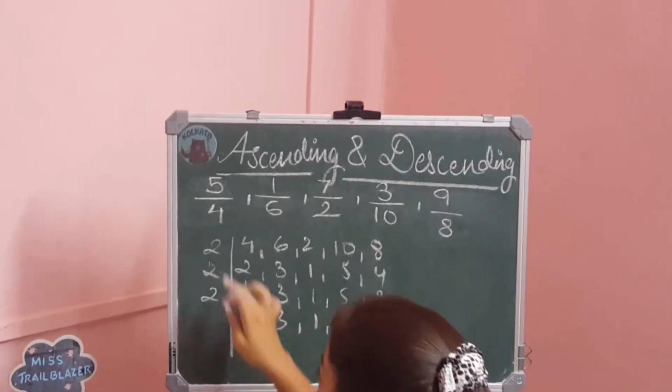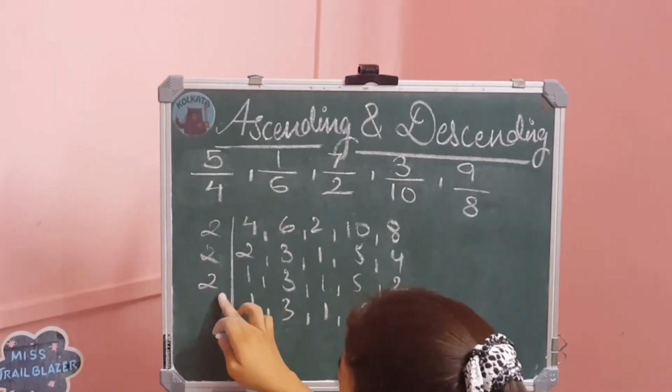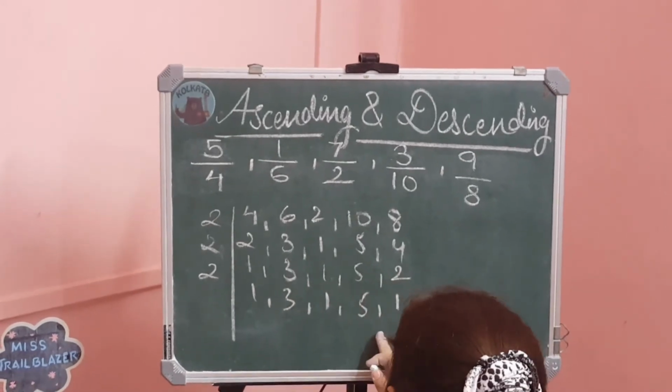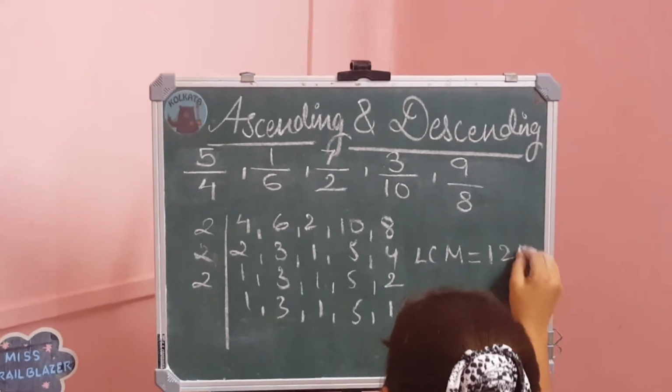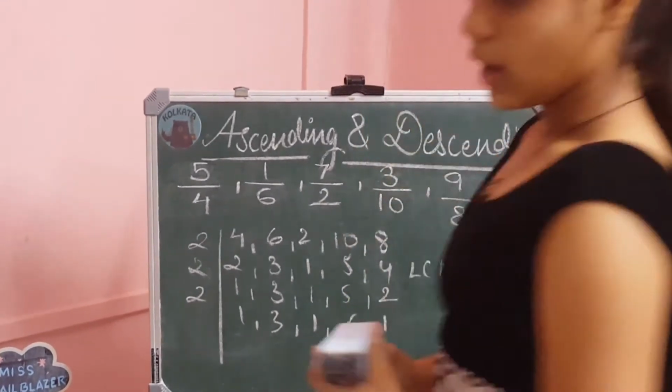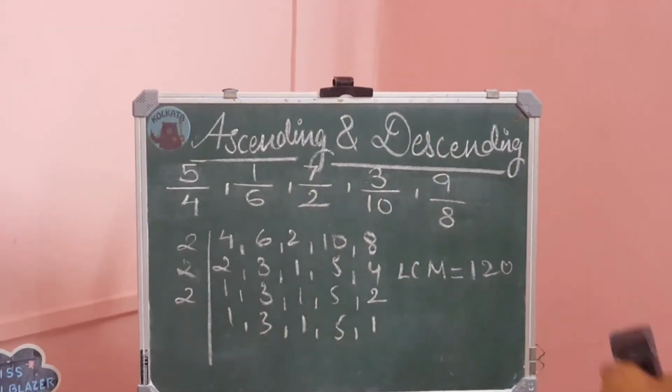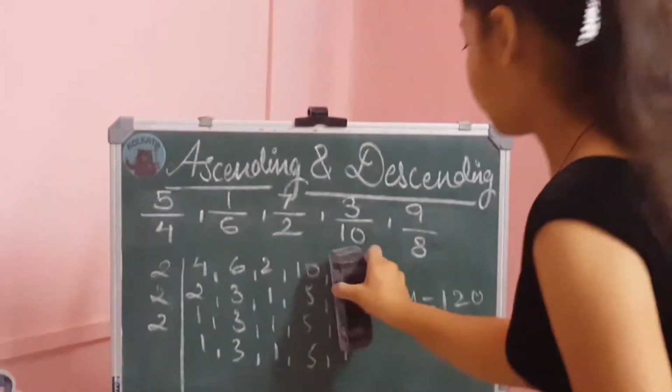So here we have to do 2 into 2 into 2 into 3 into 5, from which we get the LCM as 120. So now their common denominator will be 120.